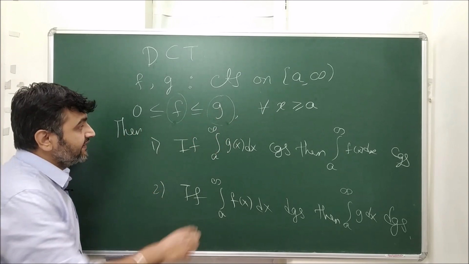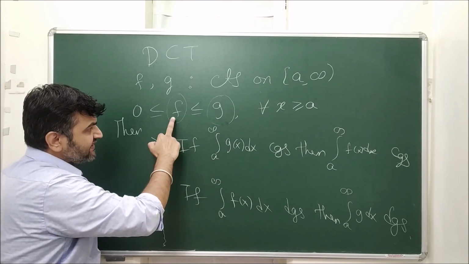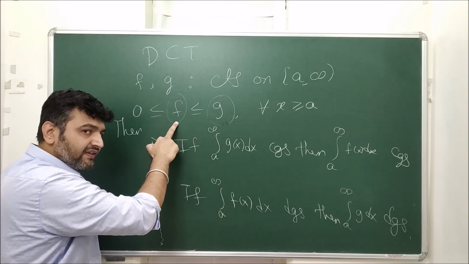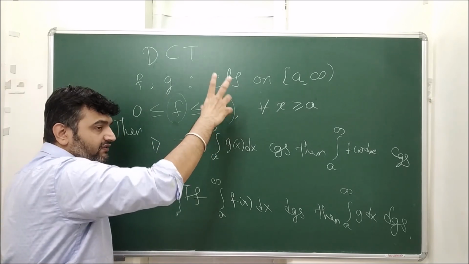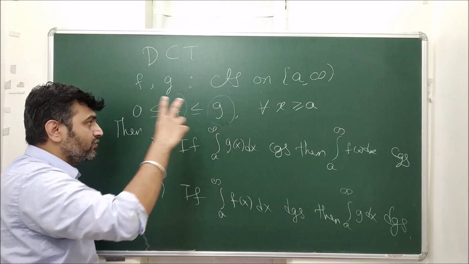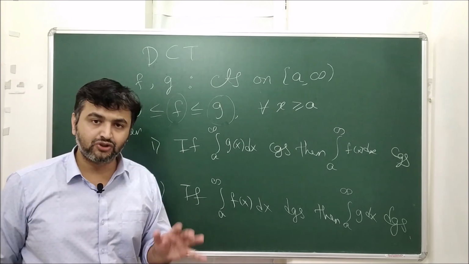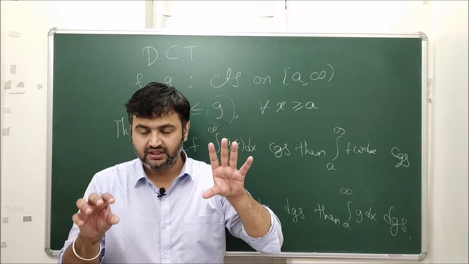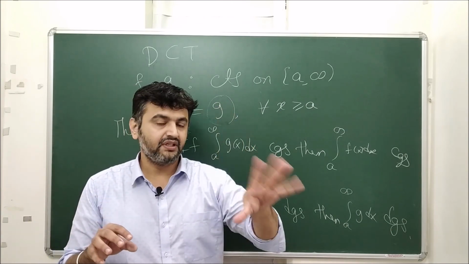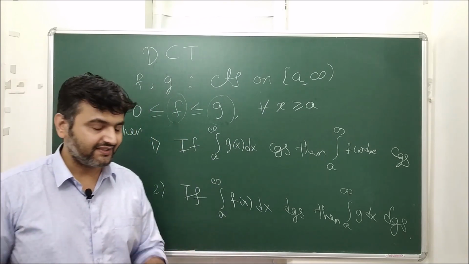And second, if the bigger one is divergent, if this integral is infinite, this is less than infinite, so this can be infinite or this can be a number. So if the bigger integral diverges, you can't say anything about the smaller integral. These are the 2 points one has to be careful of. So if the bigger converges, the smaller converges. If the smaller diverges, the bigger also diverges. So that's the theorem. Now let's go for examples.